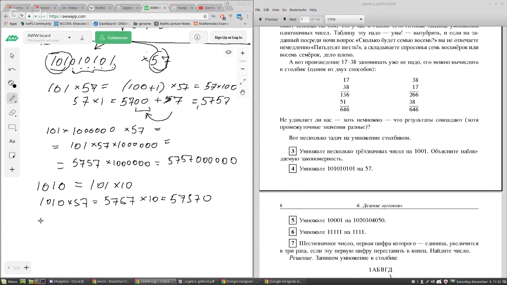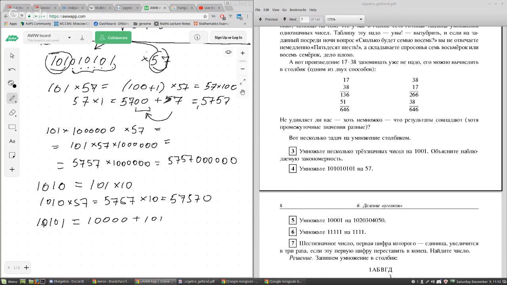Fine. What happens if I have an extra 1 here, though? So what could I do about this? How can I write this? Well, I can rewrite this number as 10,000 plus 101, right? 10,000, 101.